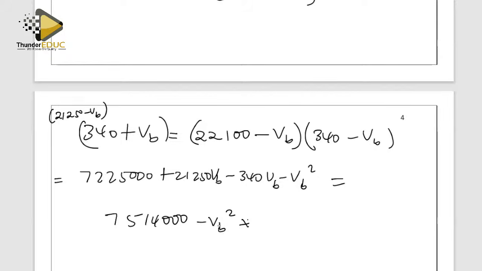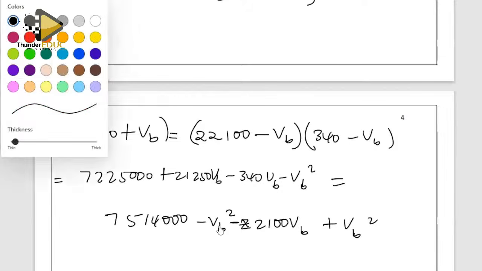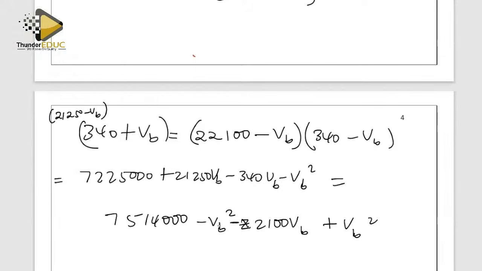We're looking at the VB now. It's going to be 22100 VB plus VB squared. Okay, so meaning that this is going to, oh, it's not going to cancel. The only one that is canceling is this one.